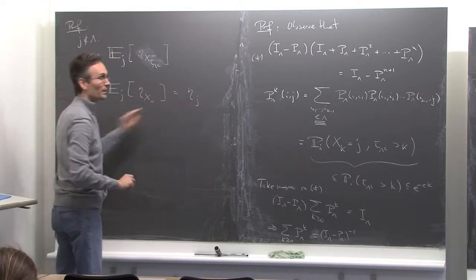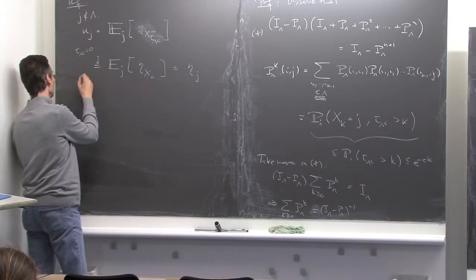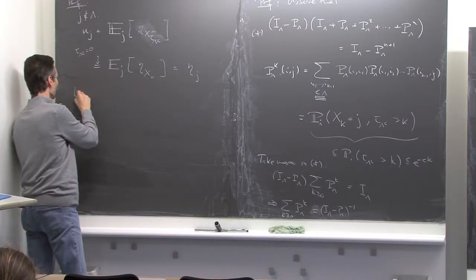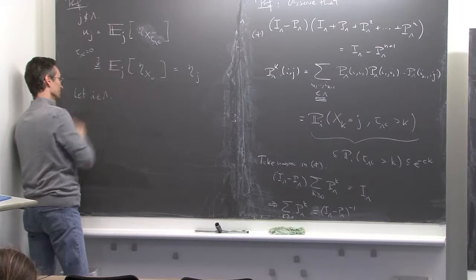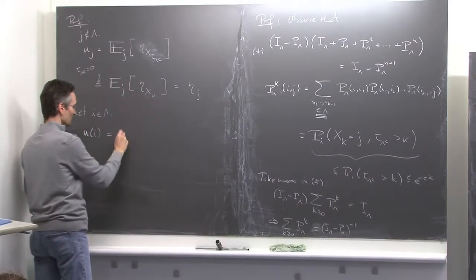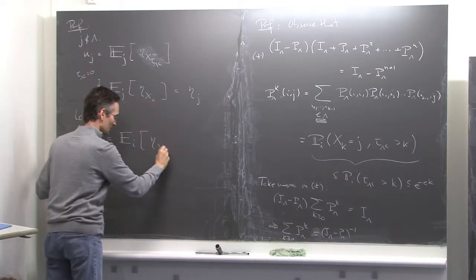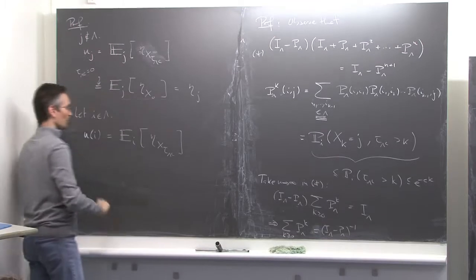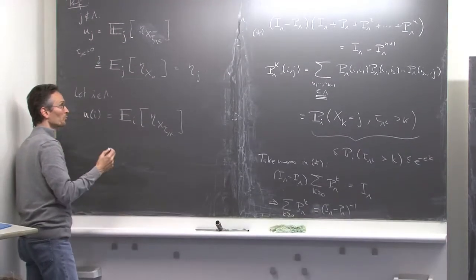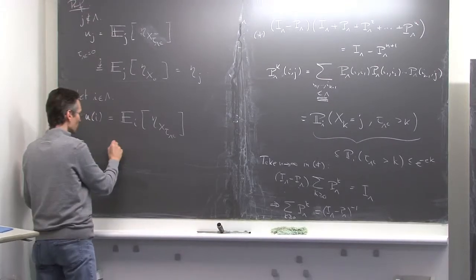Now we still have to show that it's harmonic inside lambda. So let i be in lambda, and let's compute u_i. So u_i is just the expected value of eta of x tau lambda c, starting from i. Now there are not many things you can do, so you want to use the Markov property.